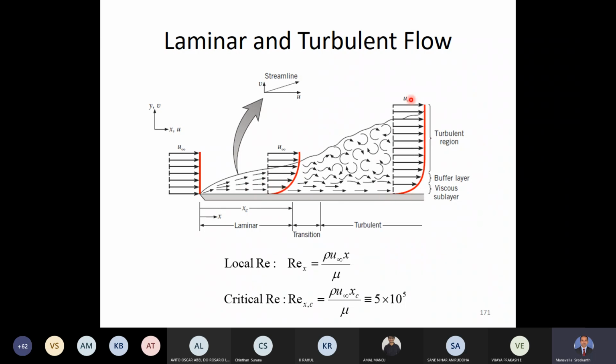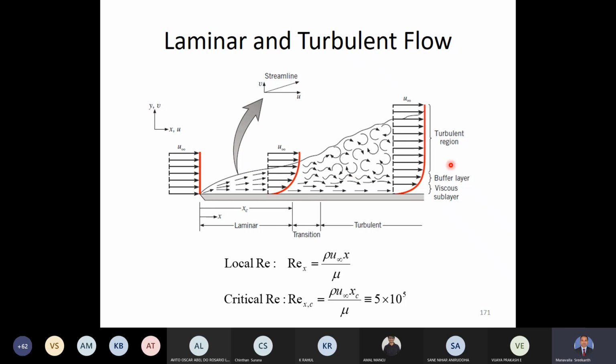Whereas in the turbulent region, the velocity across this entire region is more or less constant, it's very flat. Here you can see this is kind of a parabolic velocity profile, whereas here it is not parabolic. Only up to this point it's parabolic, but it's quite a flat parabola, whereas in this region, it has become more or less flat. So the velocity profiles also change.